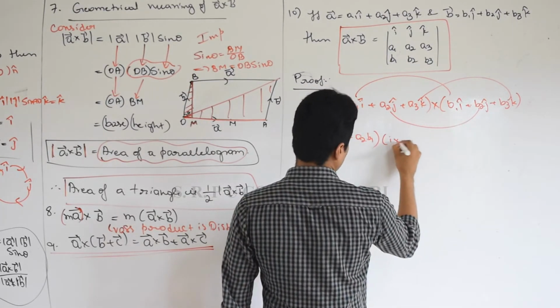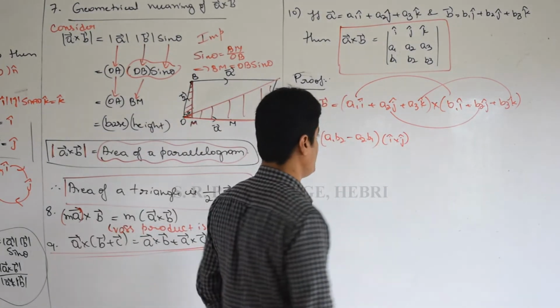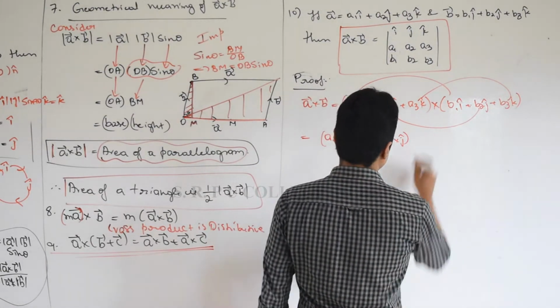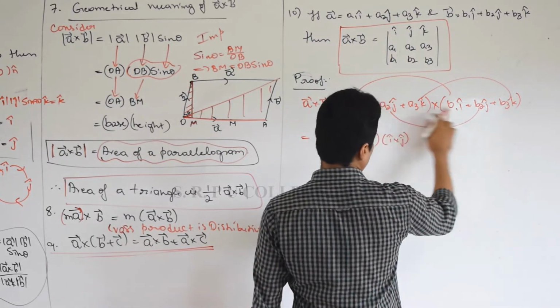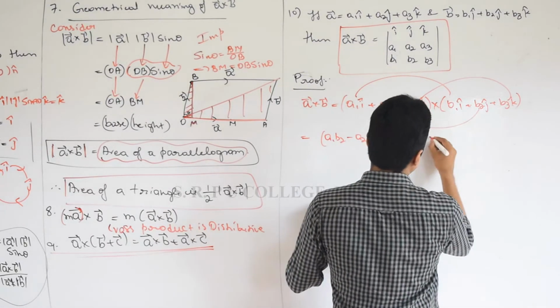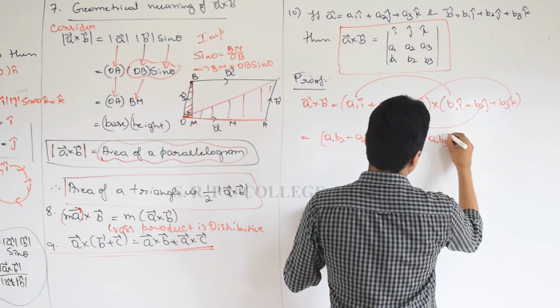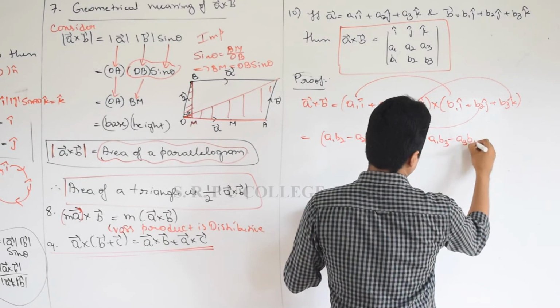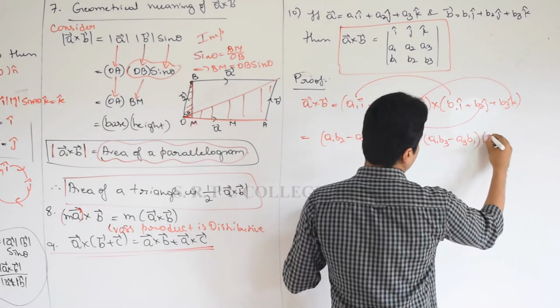So I will write i cross j minus i cross j. Then next, a1 b1 is over, a2 b1 is over, a1 b3 and a3 b1, again it is actually i cross k and k cross i. So I'll write i cross k.